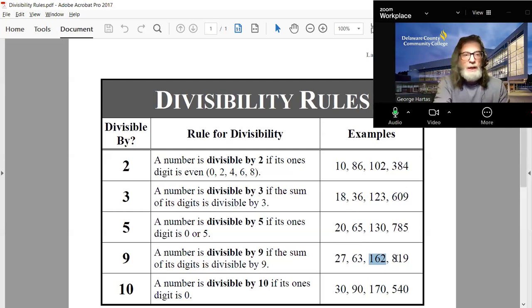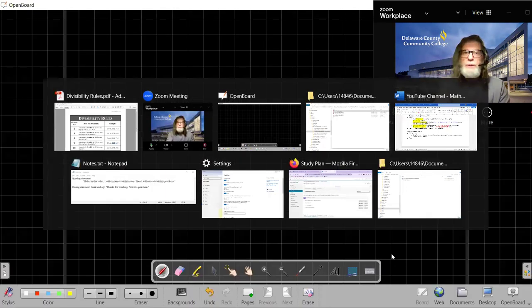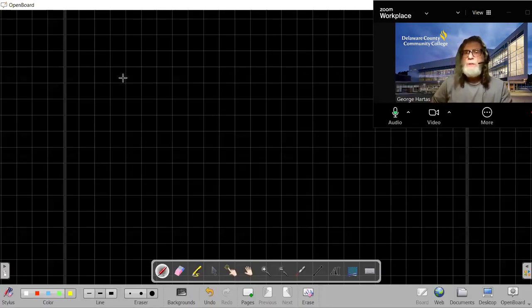And then we have 819. Okay, let's try that. That's a pretty difficult one. 819. Well, let's add the digits. We have 8 plus 1 plus 9. 8 plus 1 is 9. 9 plus 9 is 18. So this is the sum of the digits.